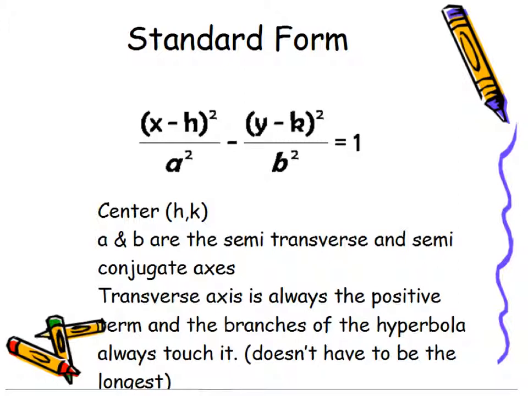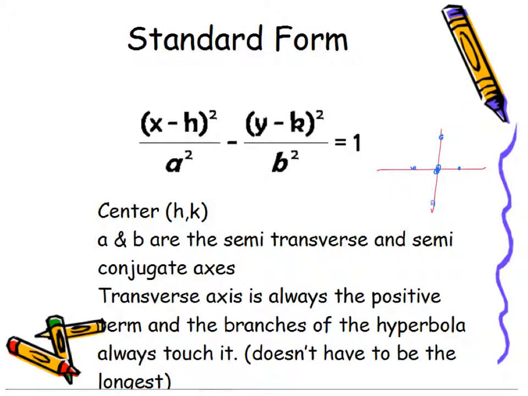The one thing we need to talk about before we try it is that you have 2 axes. Let's just sketch this real quick. Here are your axes. Just to keep life simple, let's center this at the origin. Say you were supposed to go left and right 3, and then up and down 5.